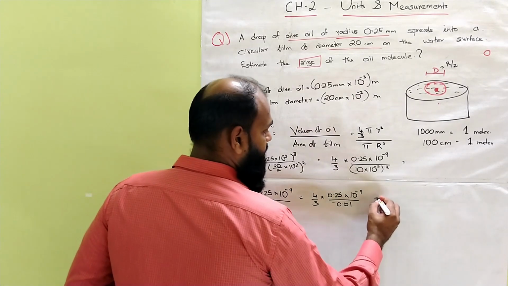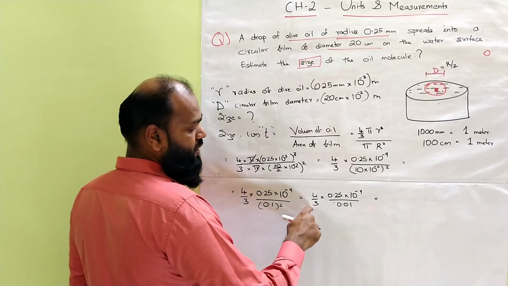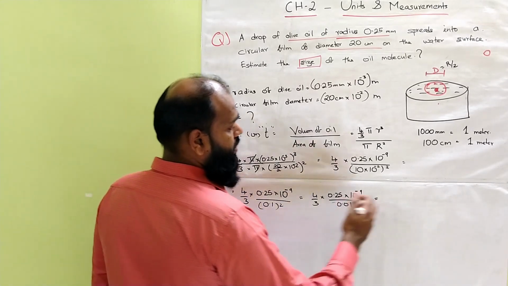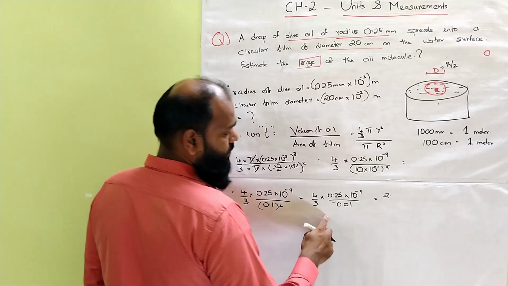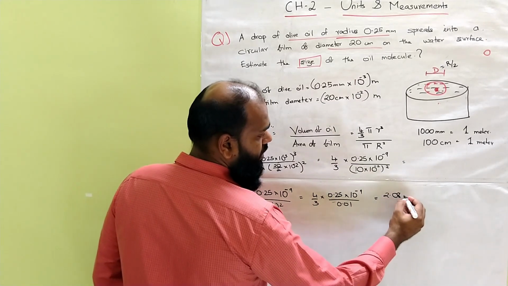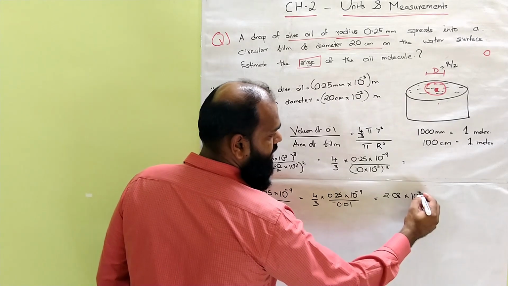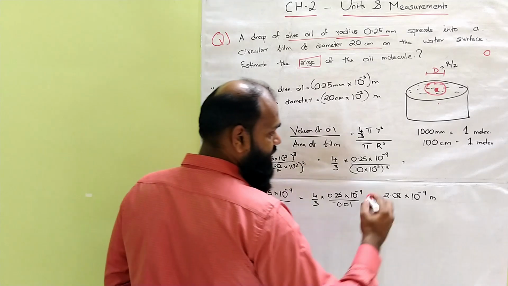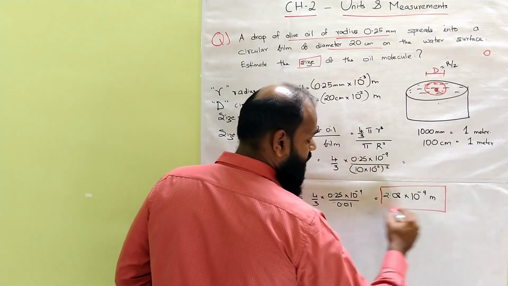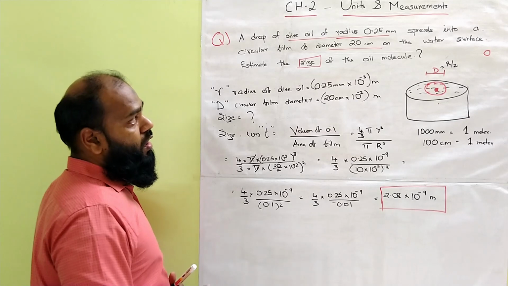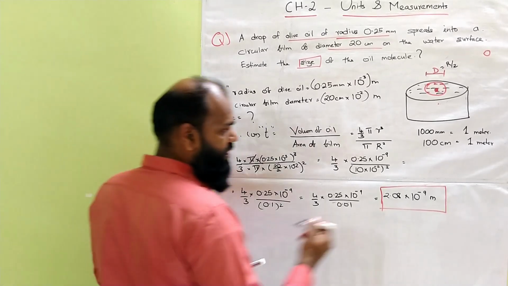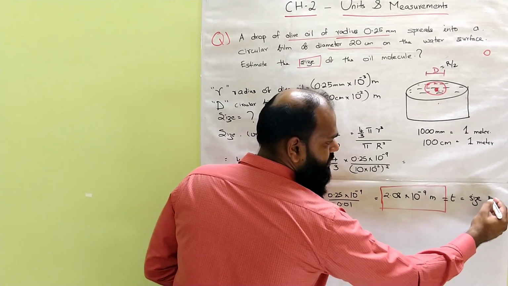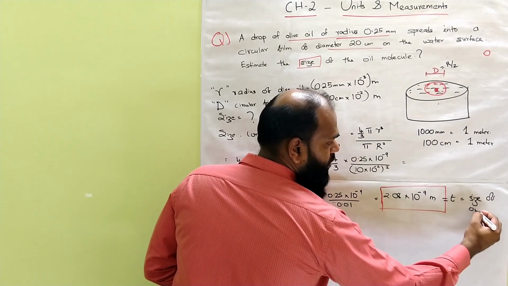So finally, what do you get when you solve this? Approximately, 3 by 4, if it is divided by 2, you get around 2.08 into 10 power minus 9 meter. This is the size of the oleic acid, the size of the oil molecule. This is nothing but T, or nothing but size, the size of the oil molecule.